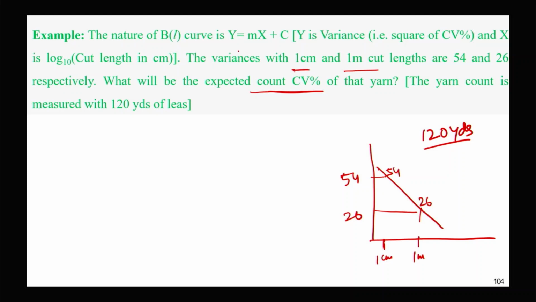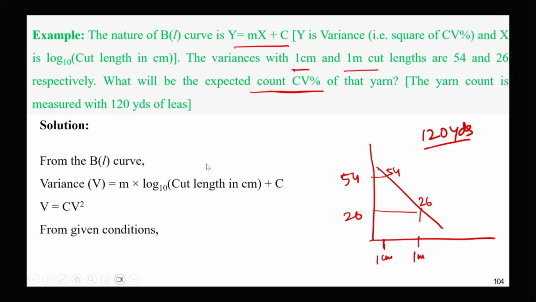Because this is y equal to mx plus c, it will be a straight line. And using these two relationships, one is 54 variance, log 1 will become 0 because it's 1 centimeter.